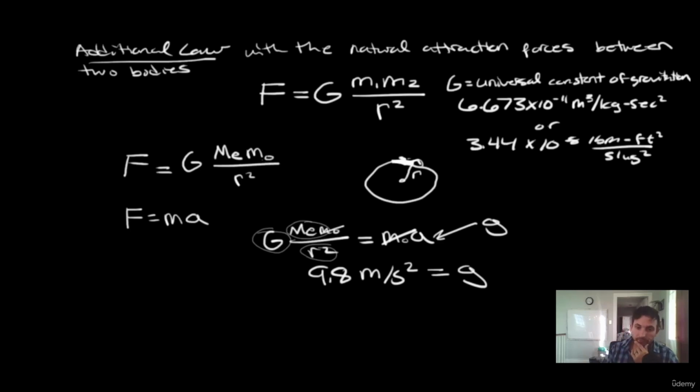Just for your entertainment, you could change that radius squared to like 3,000 or 300,000 meters or something like that, and make this radius really big. What you'll find is the gravitational constant will not go down very much.